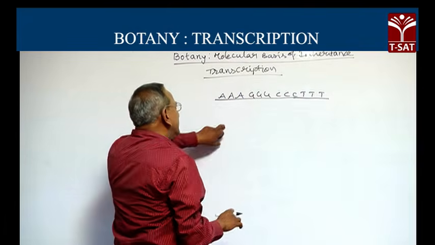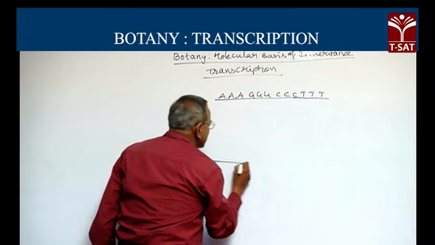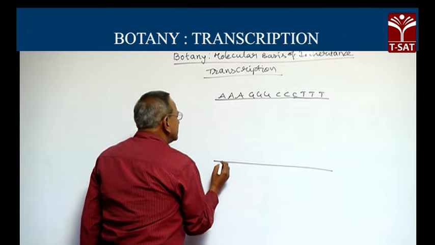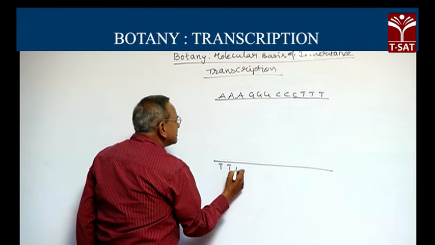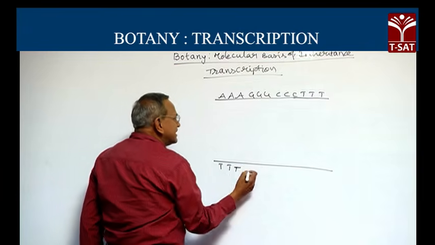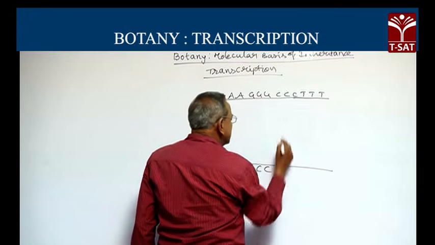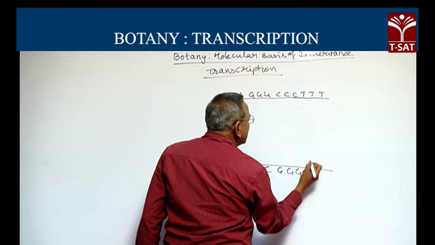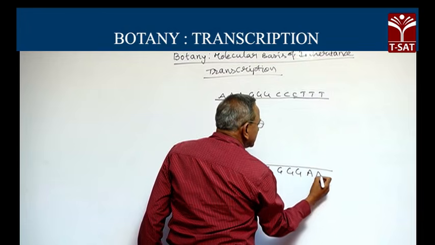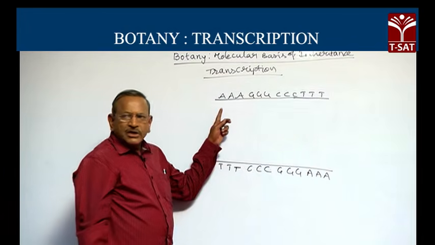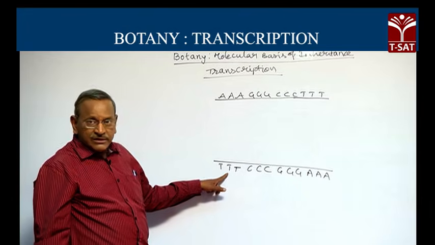And the other strand is having TTT, A is complementary to T, G is complementary to C, CCC, C is complementary to G, and T is complementary to A. This is one strand of DNA, this is the other strand of DNA.